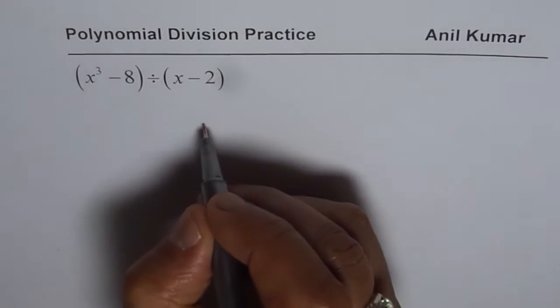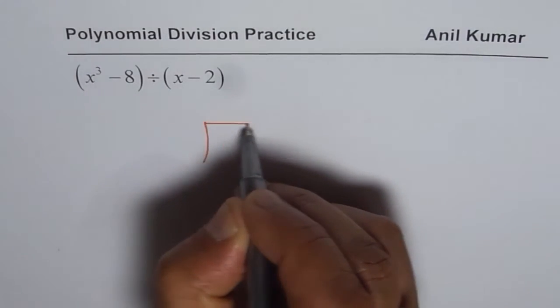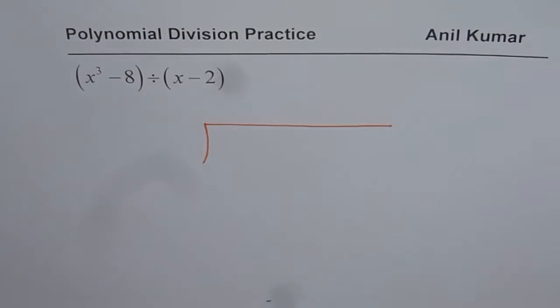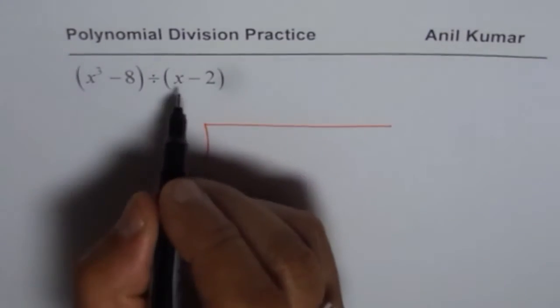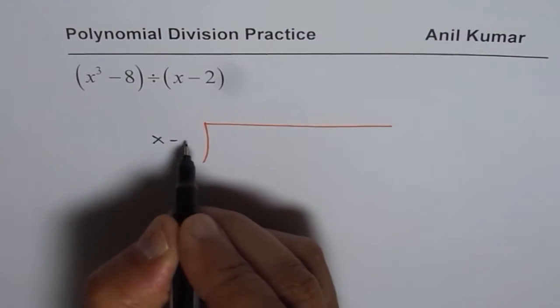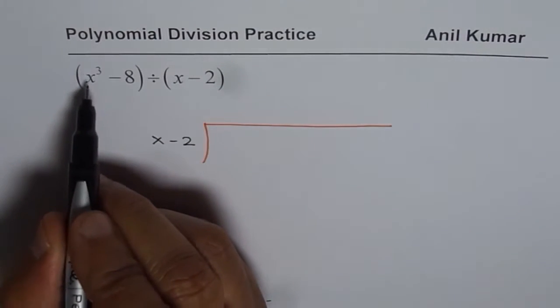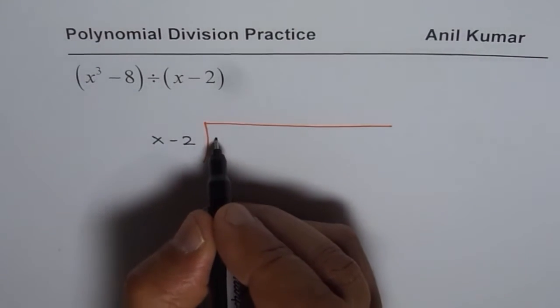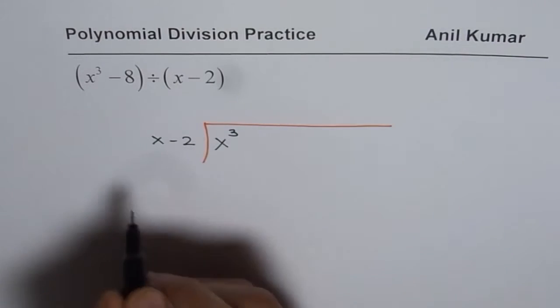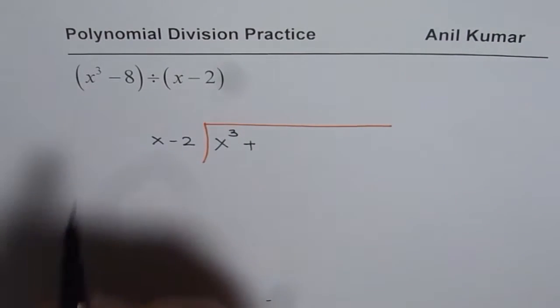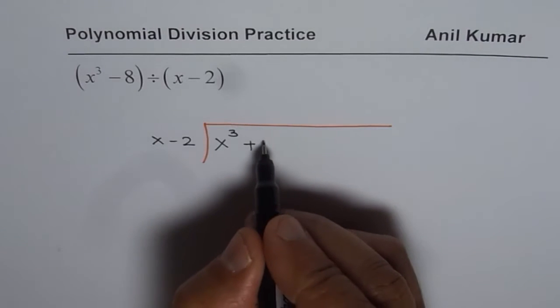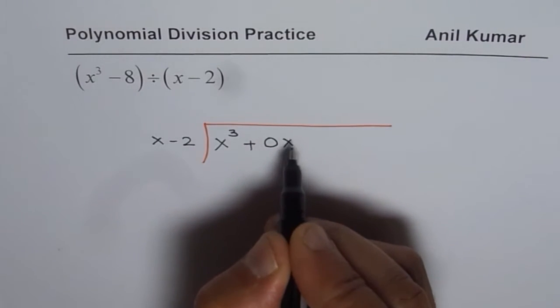So what I will do here is start the division statement, and first let me place the divisor x minus 2 outside, and we are going to divide x cubed minus 8. As I was saying, we need some placeholders. So x cubed is there, x squared term is missing, so I'm putting 0 with x squared.